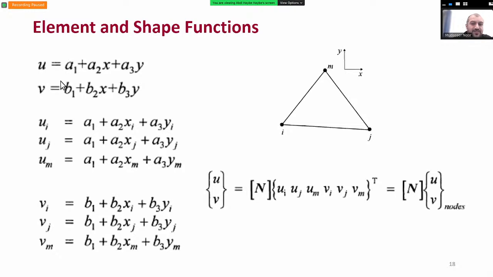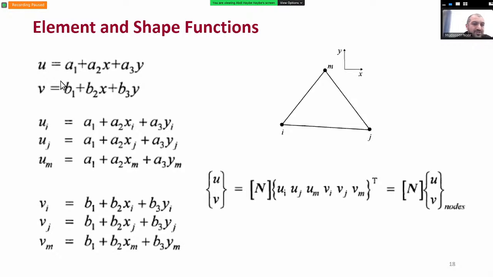So you create the element and the shape functions. For example, in this case, you have a triangular element. You can establish the displacement in the form of u and v, in this case x and y, globally. You would set up a system of equations. For example, in this case, you have the three nodes i, j, and m.